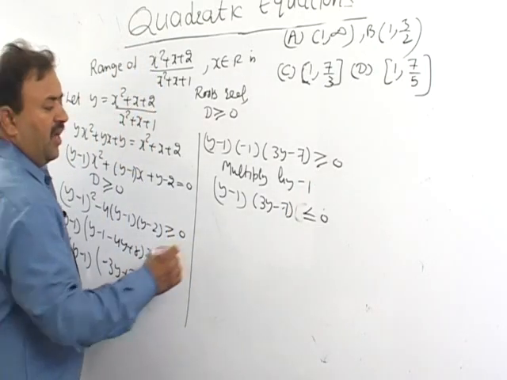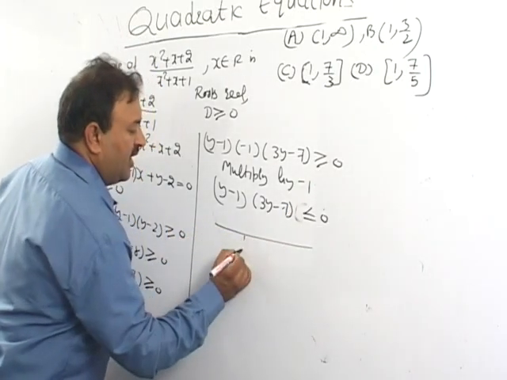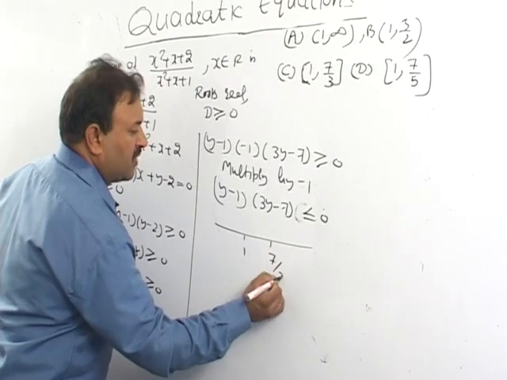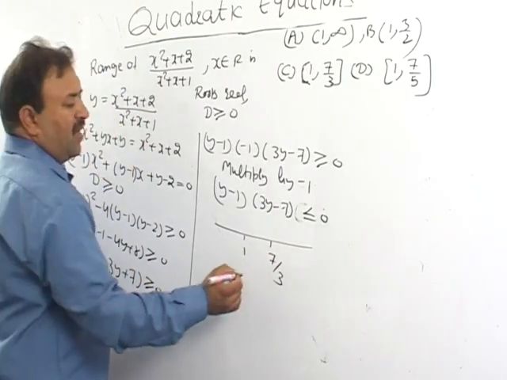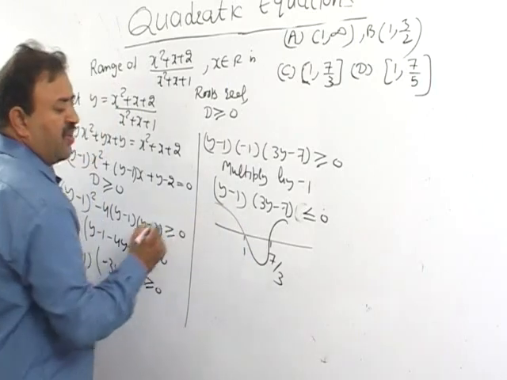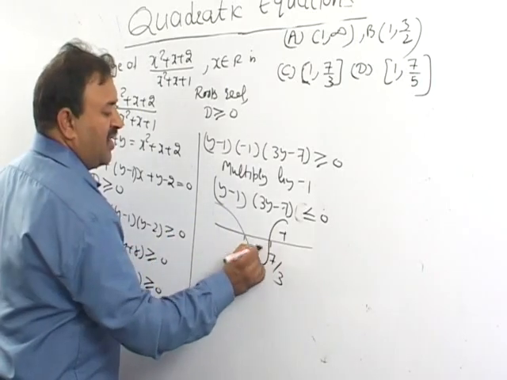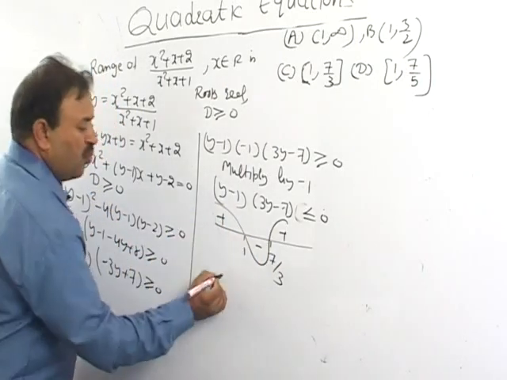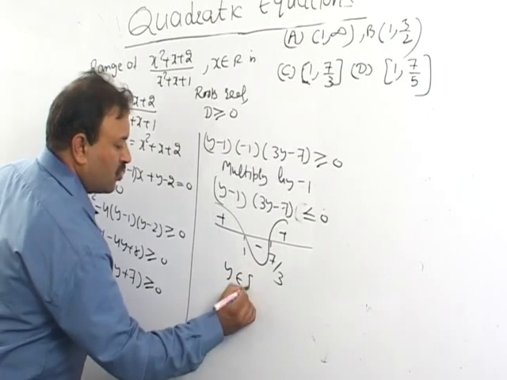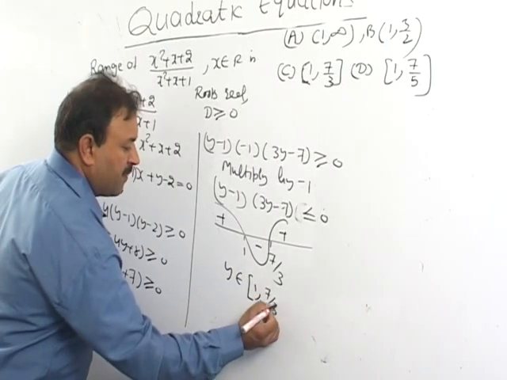Then we draw a number line: it is 1 and it is 7 by 3. Then with the parabola, wavy curve method, positive, negative, positive, y belongs to 1 comma 7 by 3.